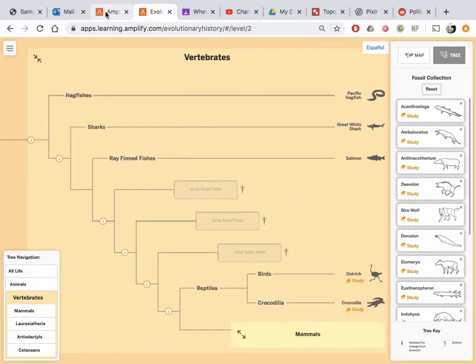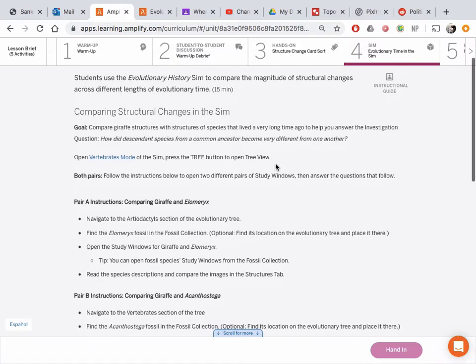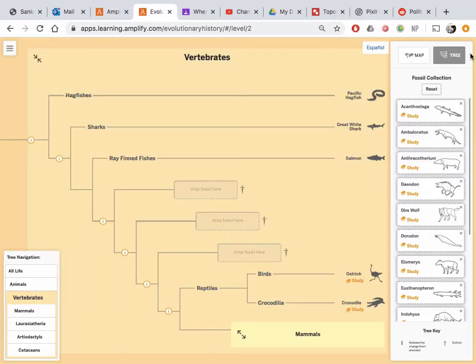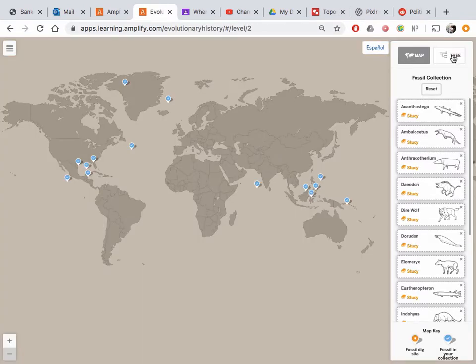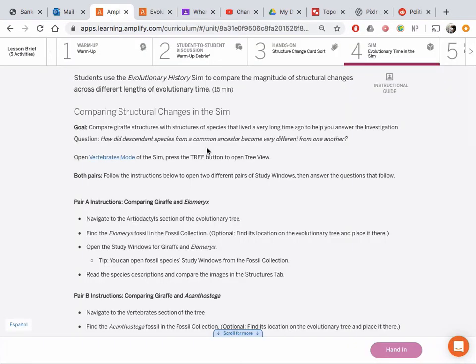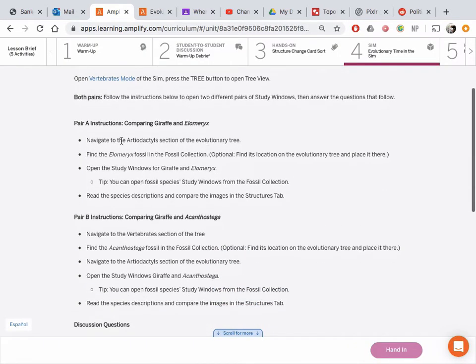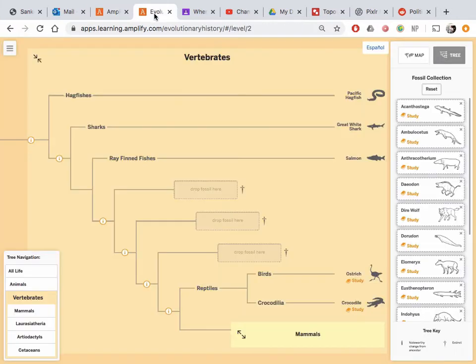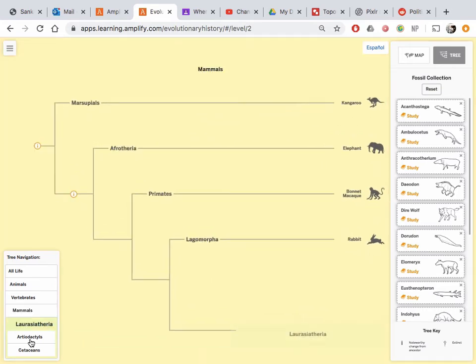Okay, what do we do next? Press the tree button to open the tree view. Done. Navigate to the artiodactyls section of the evolutionary tree. It's down here. So we're zooming in more.